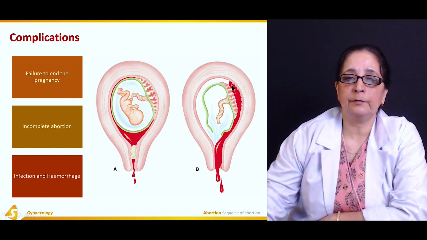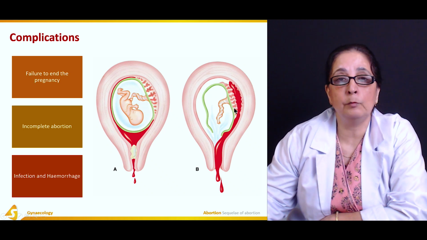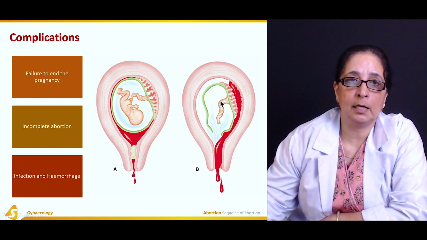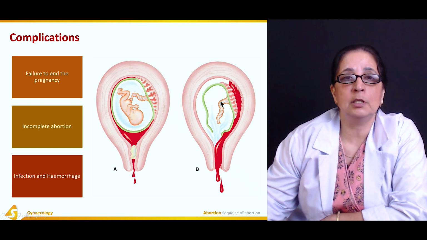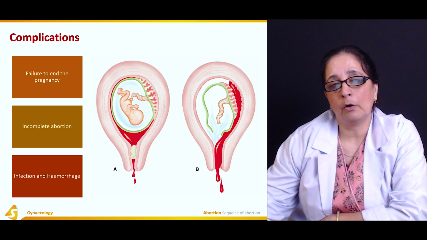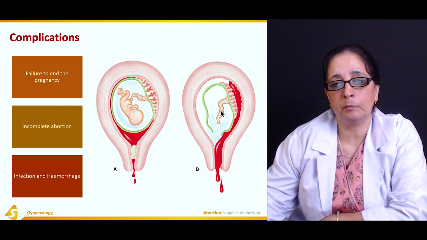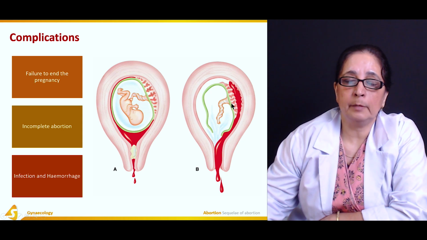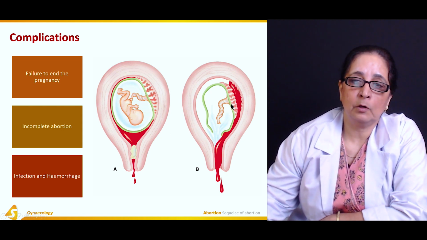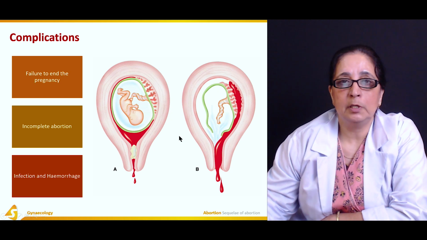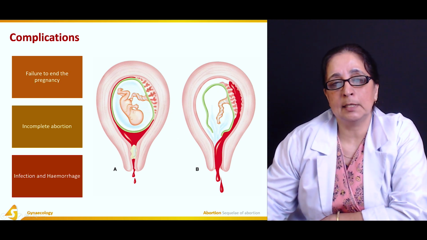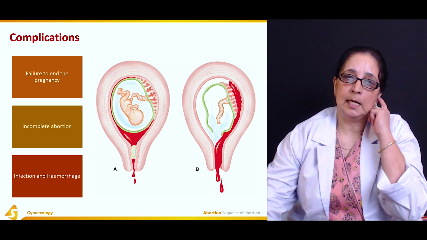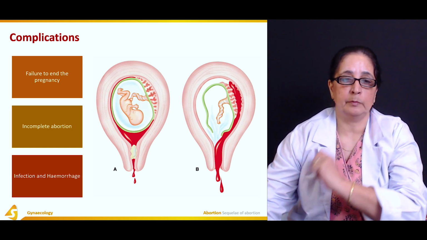If the product of conception is not removed completely, infections are very common, and off and on vaginal bleeding and spotting is also very common. So with this complaint, when the patient comes and the doctor does an ultrasound, usually they see some product of conception still inside the uterus, and for that usually dilation and curettage is performed.